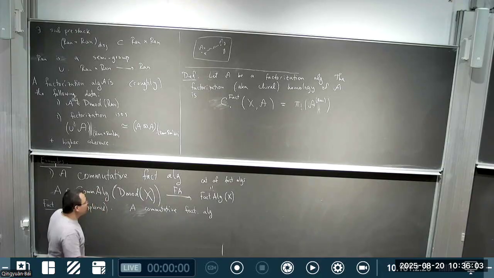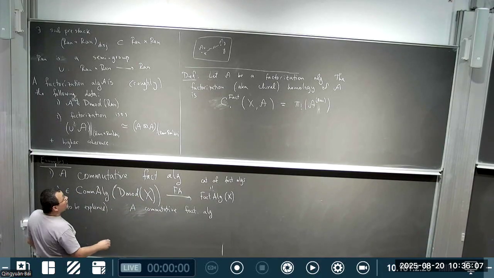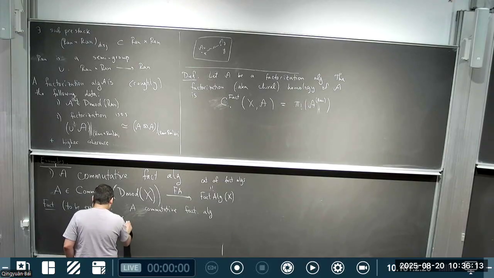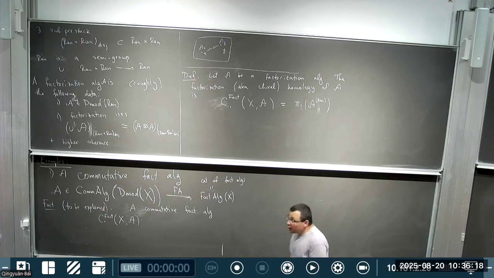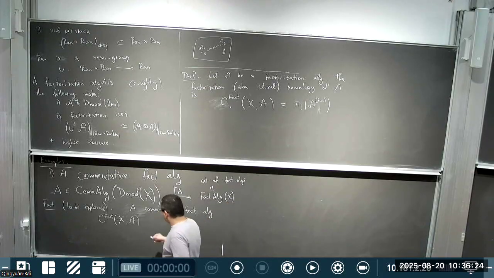For now, it means it comes via this construction. Then this factorization homology of A has an additional structure. Because A was commutative, this has the structure of a commutative algebra.